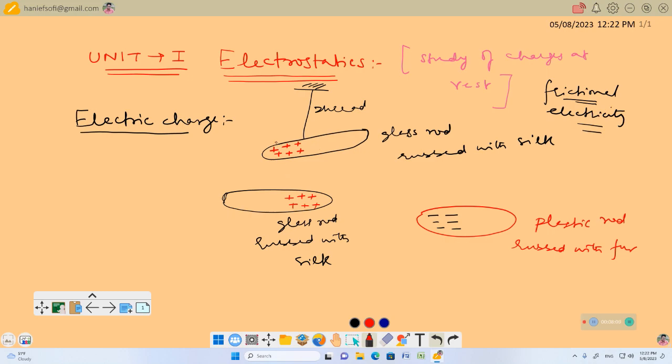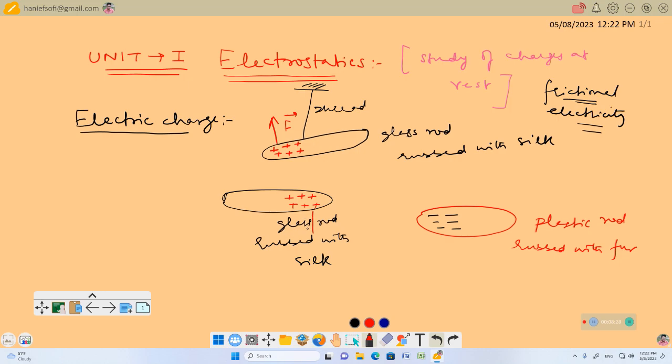You will see they push each other away. There will be a force F on this glass rod and the same force on this particular glass rod but in the opposite direction.